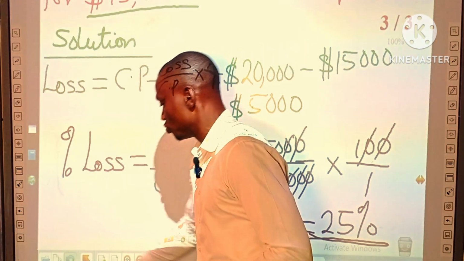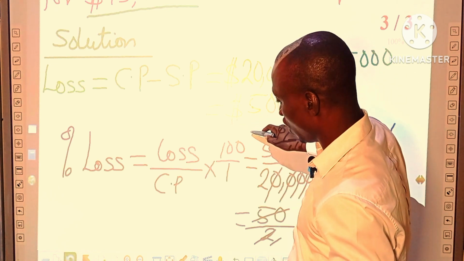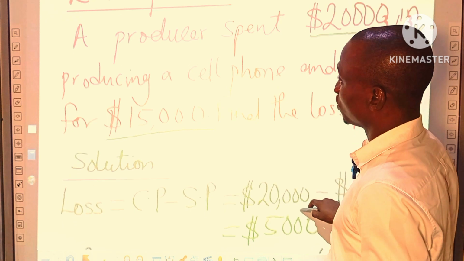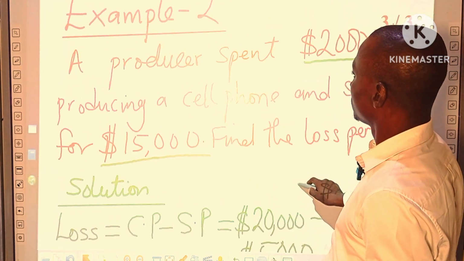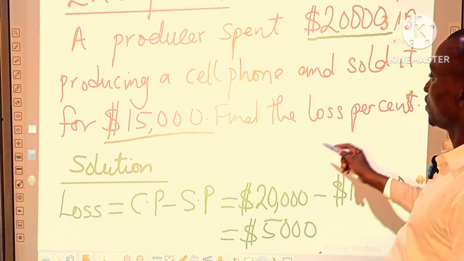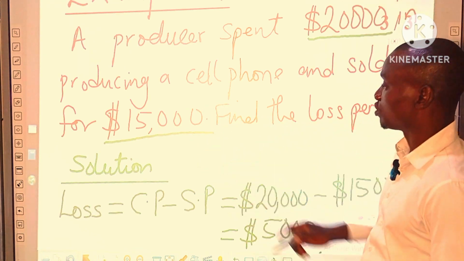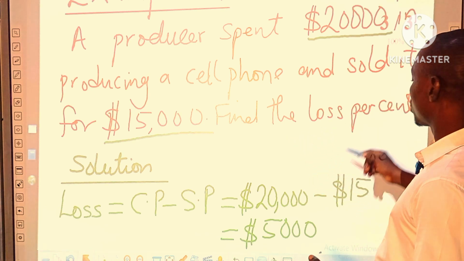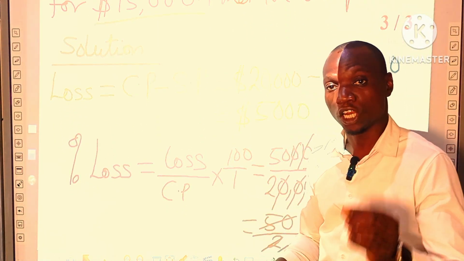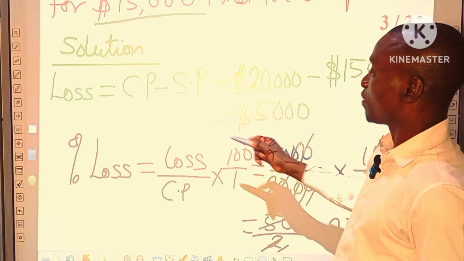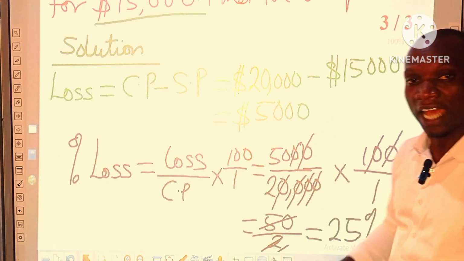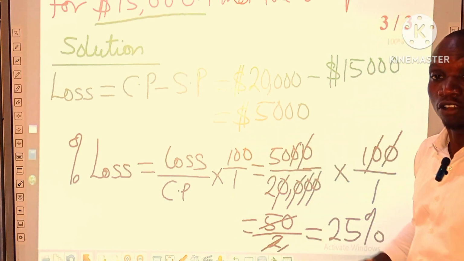Let's go back and do a recap on this percentage loss. The question again: a producer spent $20,000 in producing a cell phone and sold it for $15,000. Find the loss percent. The first thing you must do is to determine the loss. Loss is equal to cost price minus selling price, which is $20,000 minus $15,000, which gives us $5,000.